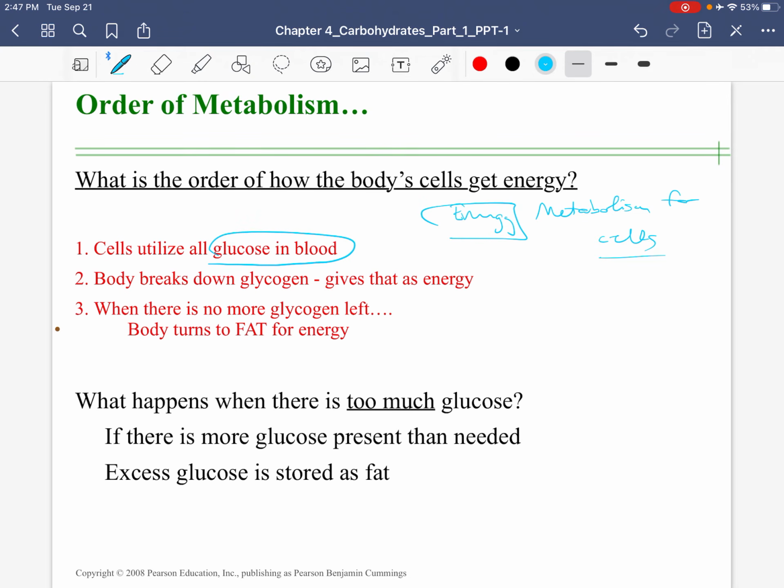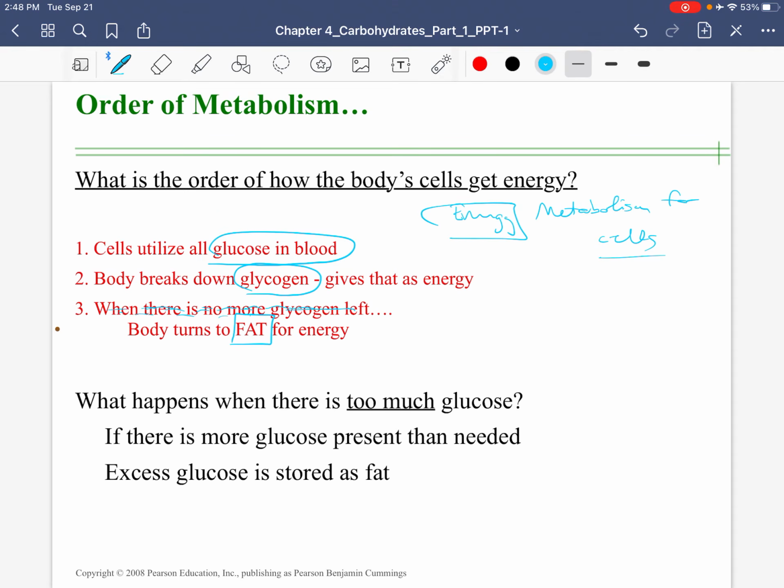So what will our cells go to first for energy? Blood glucose. What will it go to second for energy? The stored glucose right nearby in the skeletal muscles and somewhat from the liver. And then we will start to burn fat. This here is a bit of a misnomer. It's not like we completely empty the shelves of all the glycogen. Our body's able to start burning fat quicker than before we burn all of our glycogen.